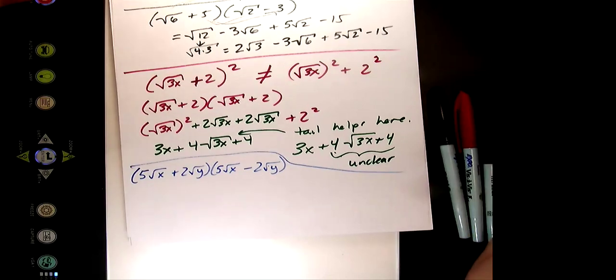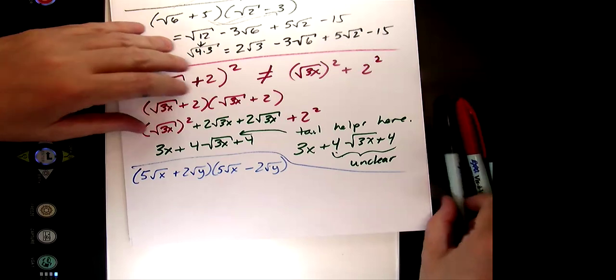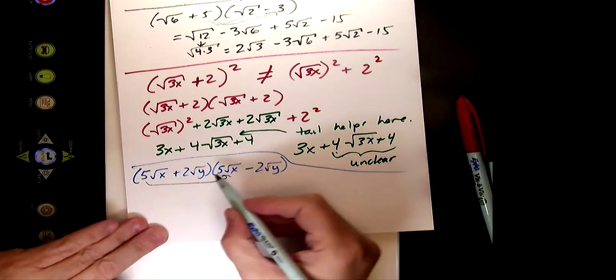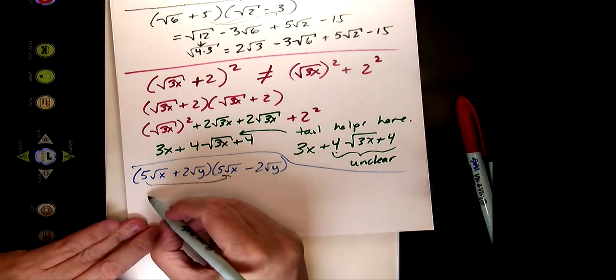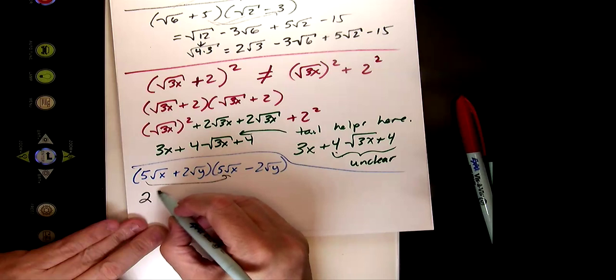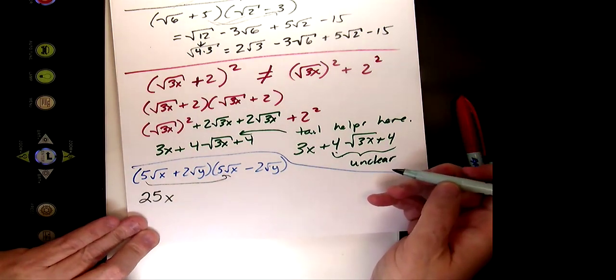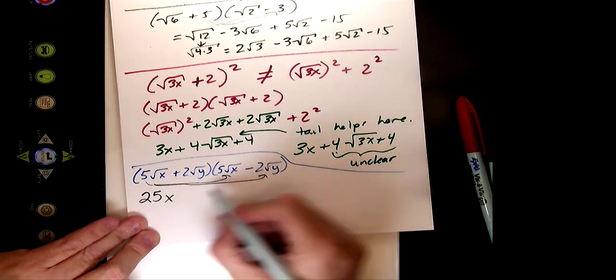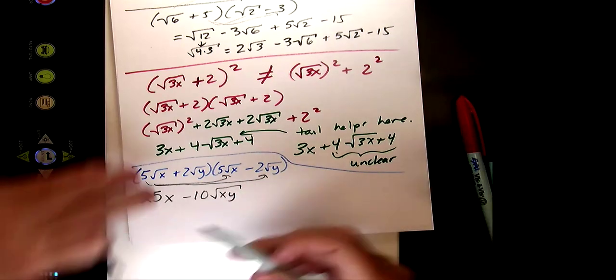Alright. So if we distribute, I got 5 root x times 5 root x, which ends up being 25x, because the square roots cancel and give you x. Then if I do these two, I have minus 10 square root of xy.